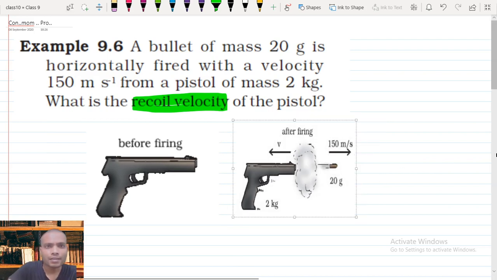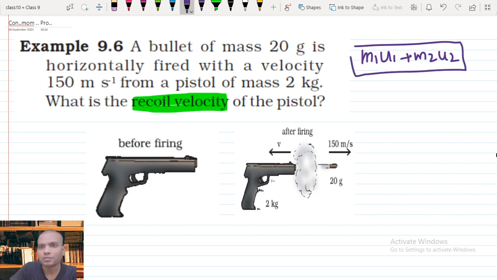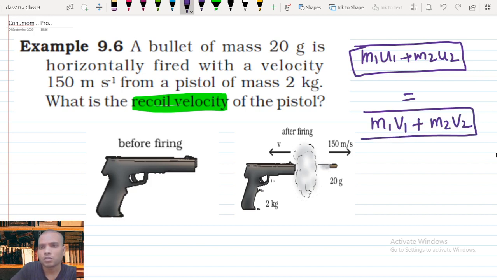So if I write the formula at the side here, if you remember, we have taken m1 u1 plus m2 u2. So this is the total momentum before collision, which is equal to the total momentum after collision, m1 v1 plus m2 v2.